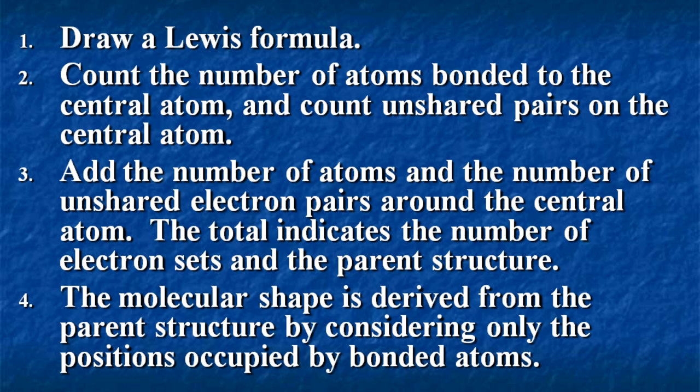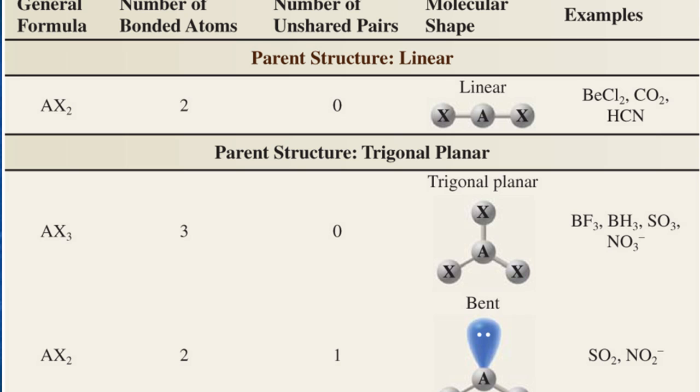Once you get the parent structure, in step 4 the molecular shape is derived from the parent structure by considering only the positions occupied by bonded atoms. In other words, we will not consider the positions of lone pairs, or non-bonding pairs. We will not consider them for the actual shape. For the parent structure, you will consider them.